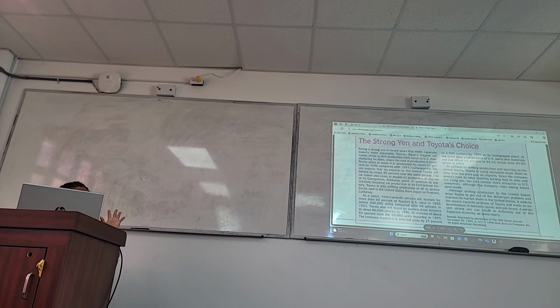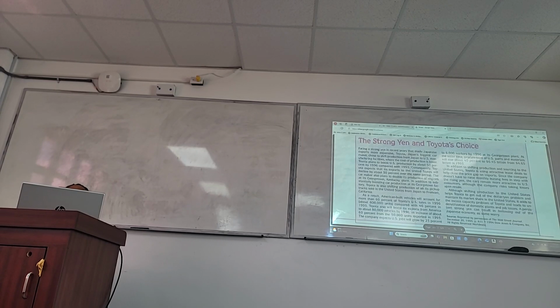So they shifted from Japan to the US to manufacture. The cost of production at that time, it was a long time ago, was lower. And so in their strategic plan, they decided to increase production in the US by about 50%.